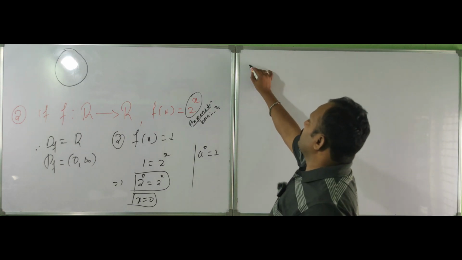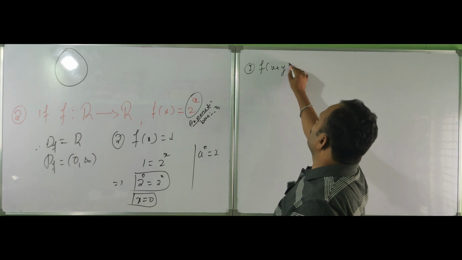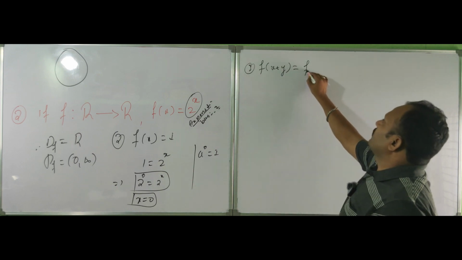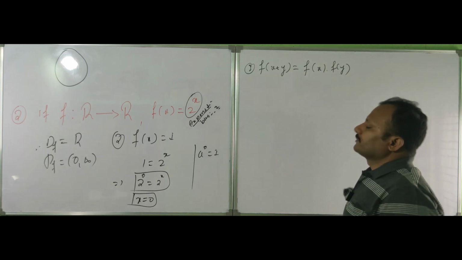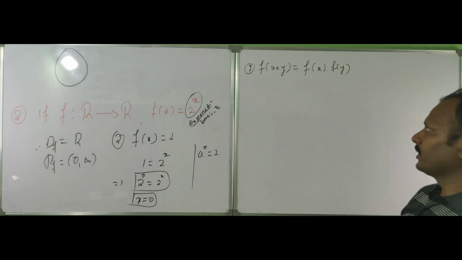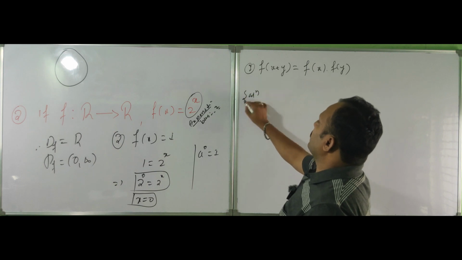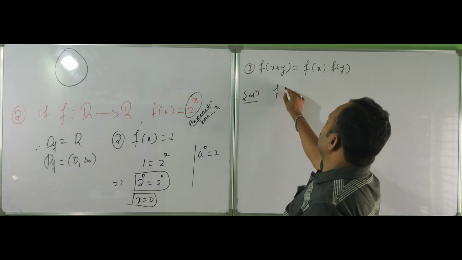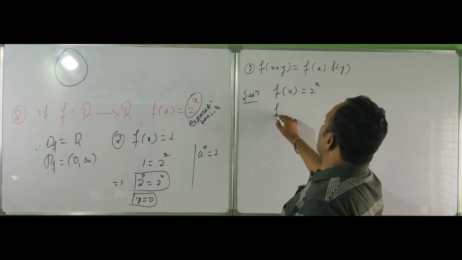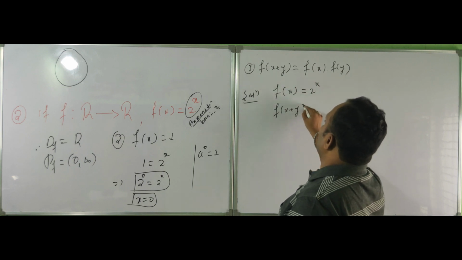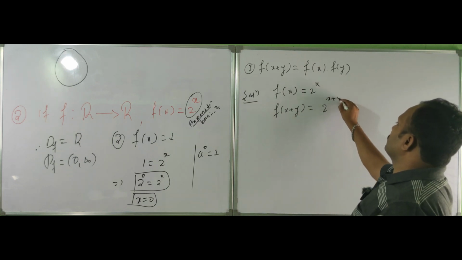Third one, prove that f of x plus y is equal to f of x into f of y. Okay, that proof. See, solution. What is given? F of x is equal to 2 to the power x. Then f of x plus y becomes 2 to the power x plus y.